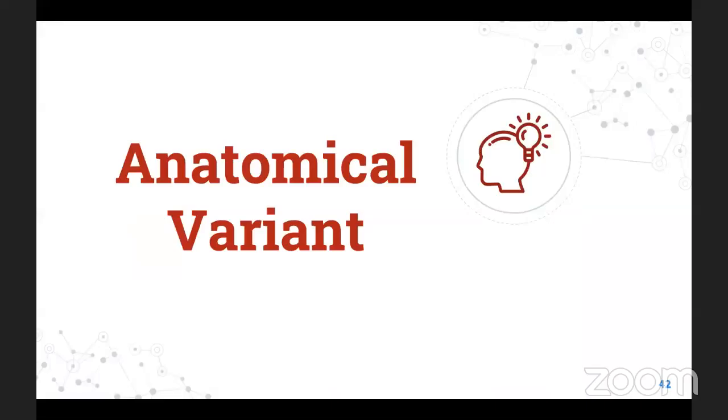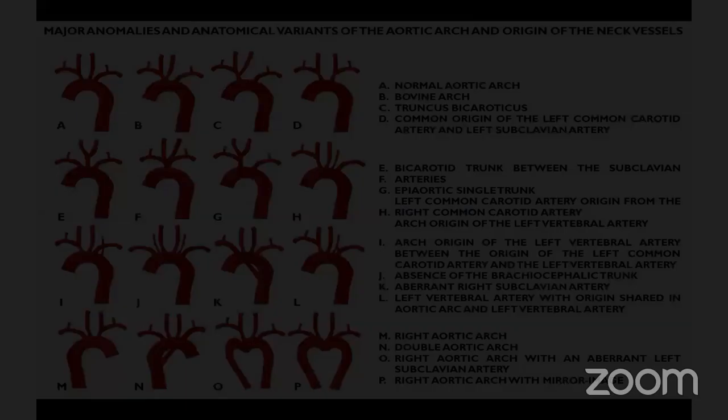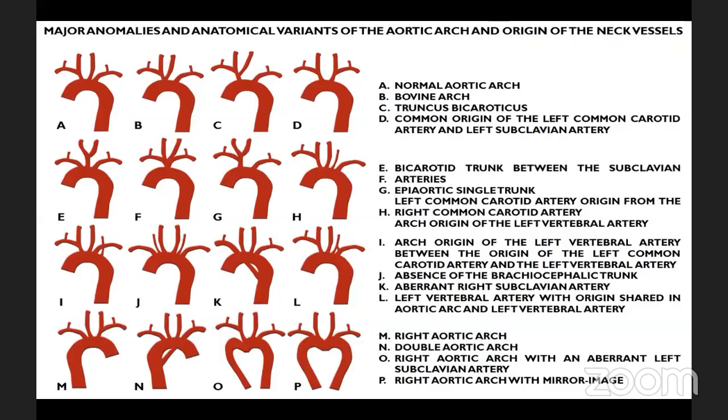We should also keep in mind there is anatomical variation regarding the origin of these branches from the aortic arch, and this picture shows the different morphology of the arising of the branches of the aortic arch.